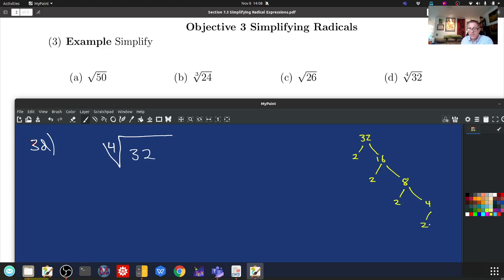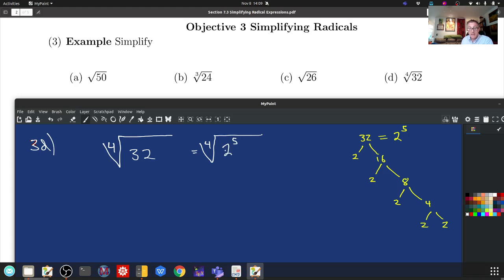Divide 4 by 2 and it gives me 2. So these are all primes. So 32 is equal to 2 raised to the what power? 1, 2, 3, 4, 5. 2 to the 5th. So this is equal to the 4th root of 2 raised to the 5th.